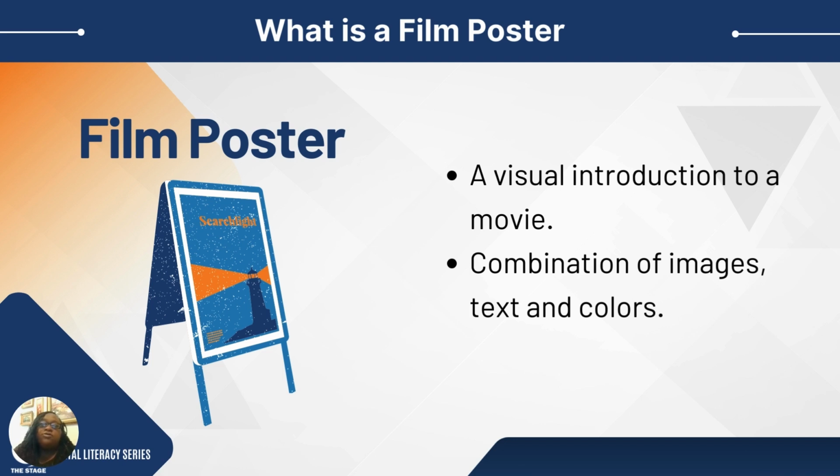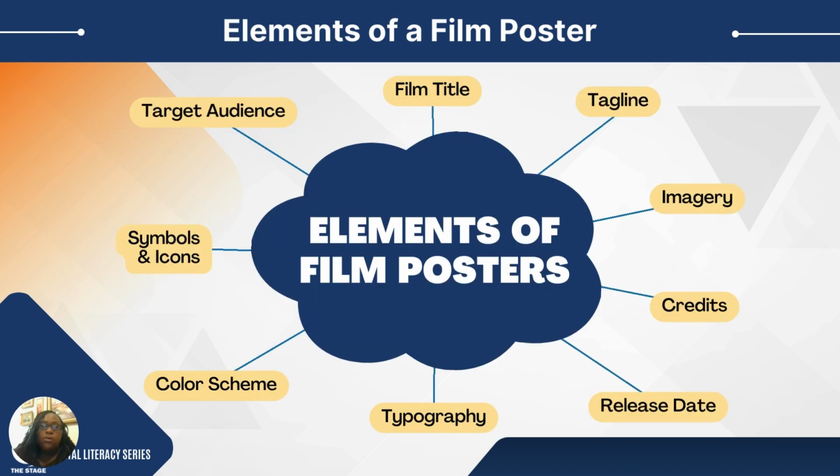Now, these posters combine images, text, and colors to give audiences a glimpse of the movie's theme, mood, and characters. And that's what yours is going to do. It is going to be that visual introduction to get your audience excited and ready for what they're going to be seeing. So let's look at some of the elements of a film poster.